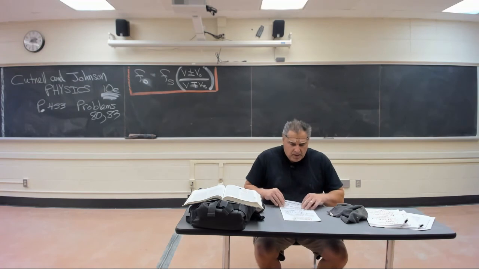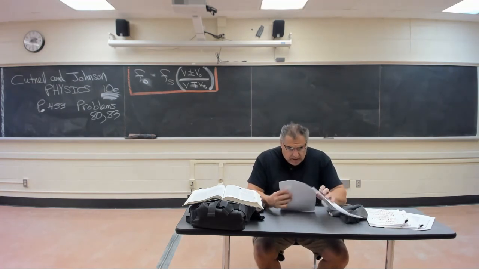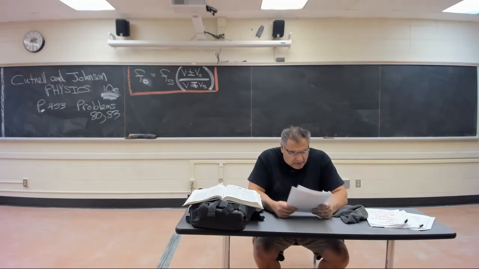All right. So, great problem. Problem number 80. The security alarm on a parked car goes off and produces a frequency of 960 hertz. The speed of sound is 343 meters per second.